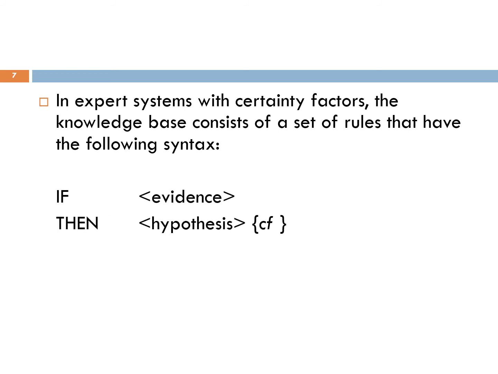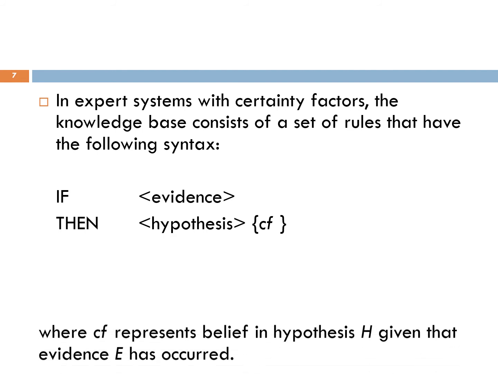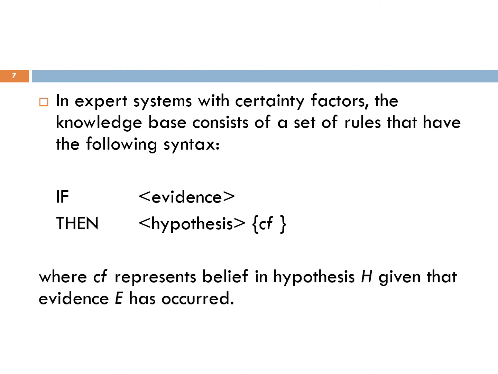It is how you write the same as the rules: if evidence E, then hypothesis H, and you put the certainty factor, where the certainty factor represents belief in the hypothesis H, given that the evidence E has occurred.